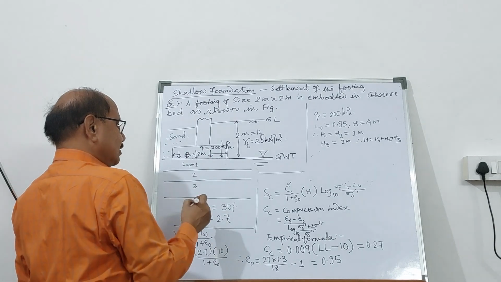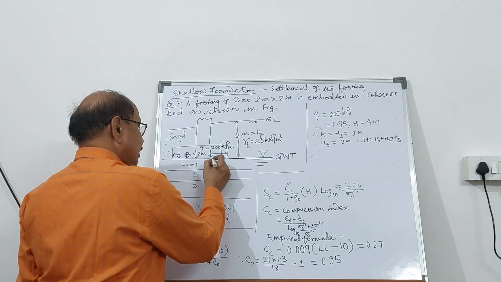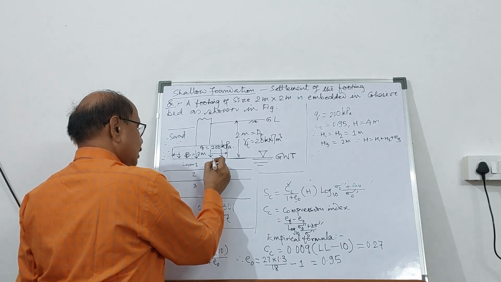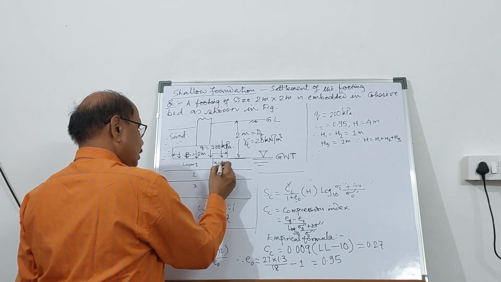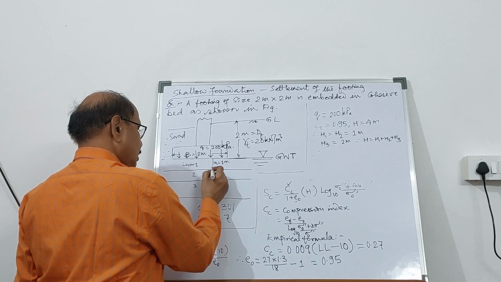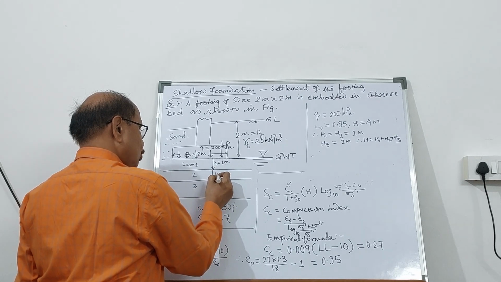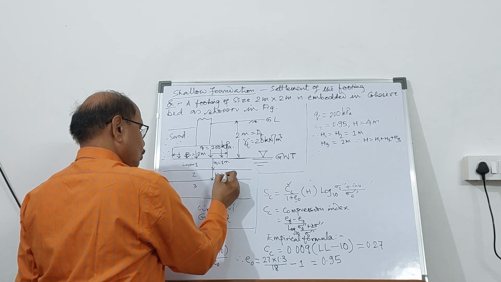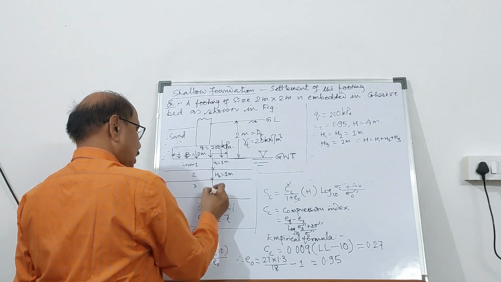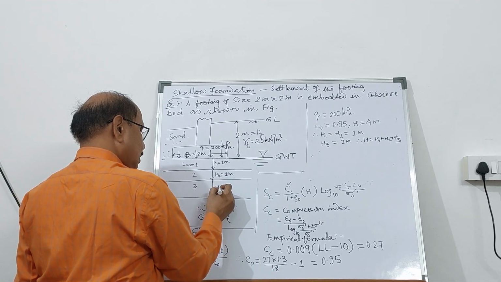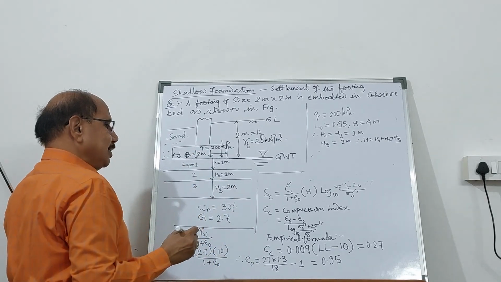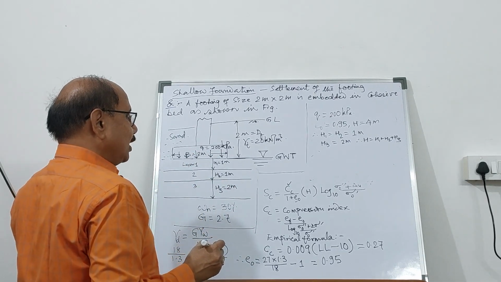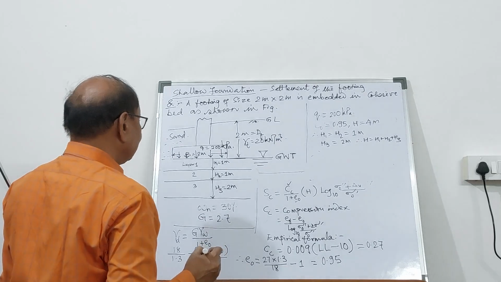So 3 layers. This is going to be H1, 1 meter. This is going to be H2, 1 meter, and H3 equal to 2 meter. So all the 3 layers, total H equal to 4 meter.